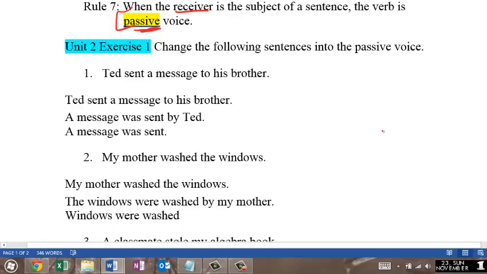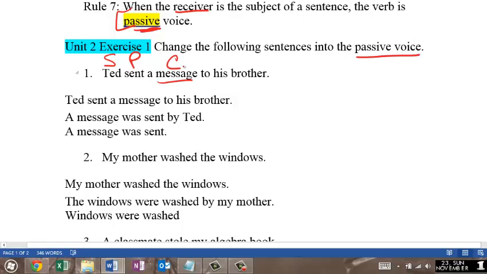For your homework, you need to do all the exercises of 1, 2, and 3. In exercise 1, we have the first one. We have Ted is the subject, sent is the predicate, and message is the complement. All of these sentences are going to be active, so you have to change them into the passive voice.